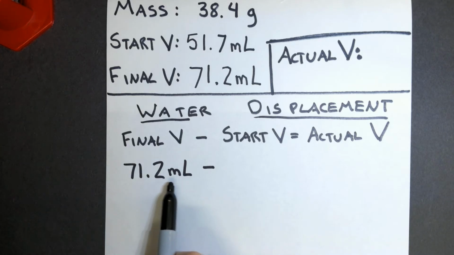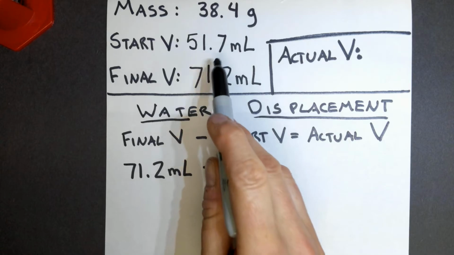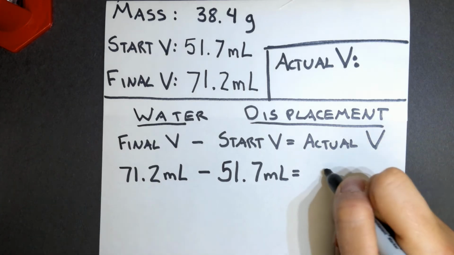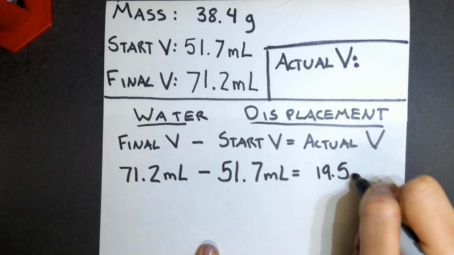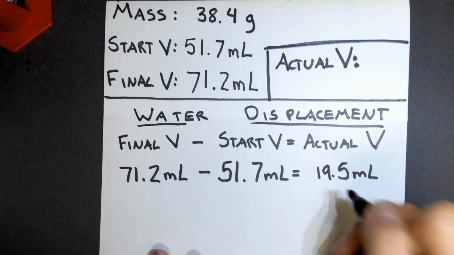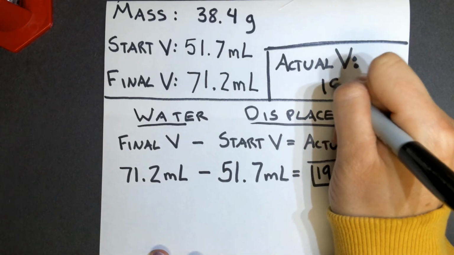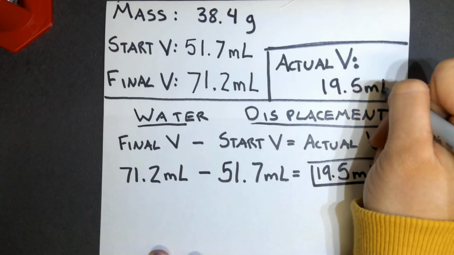And yes, you need to make sure that you have milliliters there. Our starting volume was 51.7. And then we just subtract those two, and I ended up getting 19.5 milliliters. So this right here is the actual volume for our pebbles.